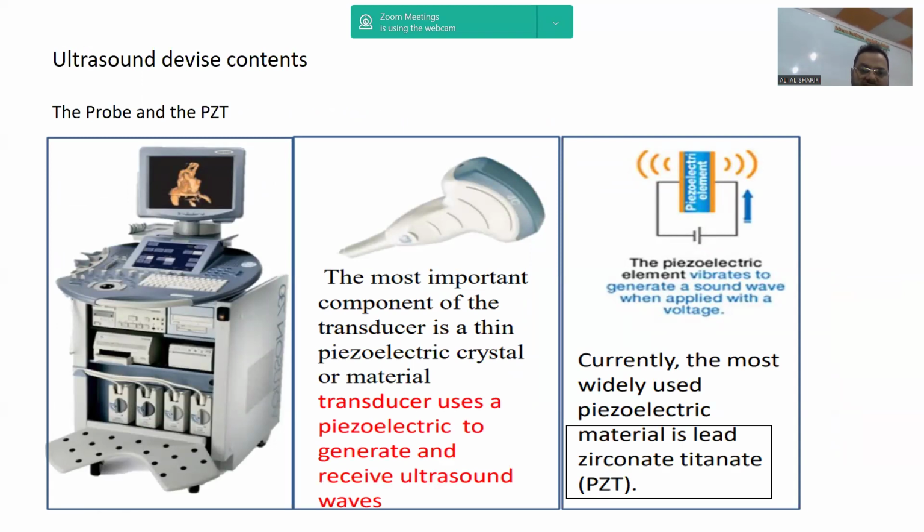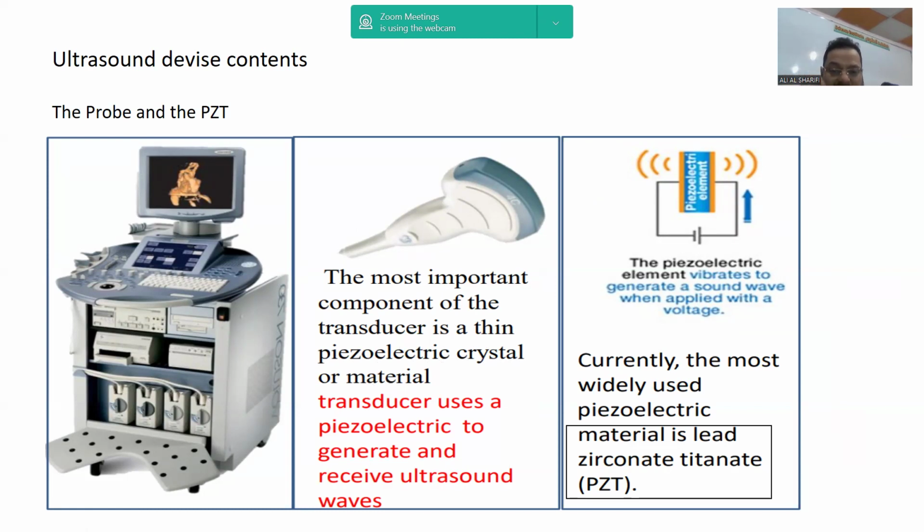The ultrasound device contains the probe and the PZT, I mean the piezoelectric. The probe is the most important component part in this ultrasound scanner machine. Why? A component of the probe is a thin piezoelectric crystal or material. Here we have a material inside this probe.